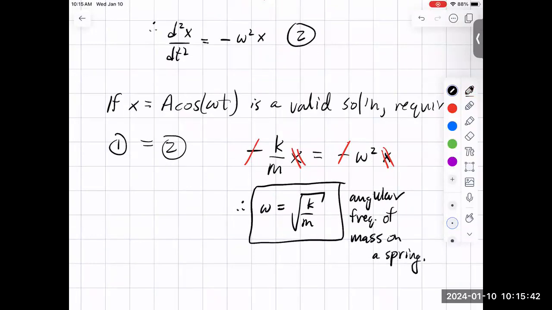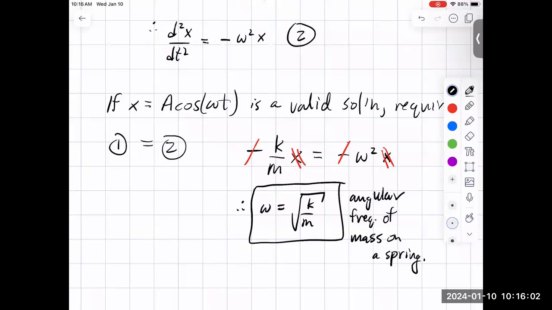And so let me remind you what angular frequency means. We all know what's going to happen with a mass on a spring. If it truly was a frictionless surface, I stretch out the mass and then I release it at, let's say, t equals 0, and it will just oscillate back and forth.